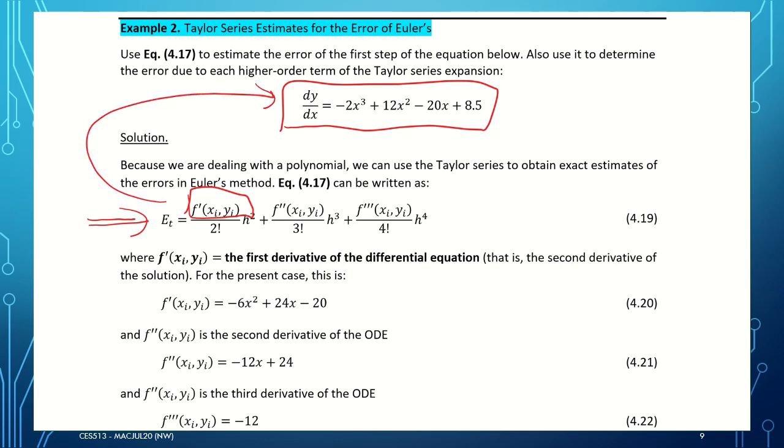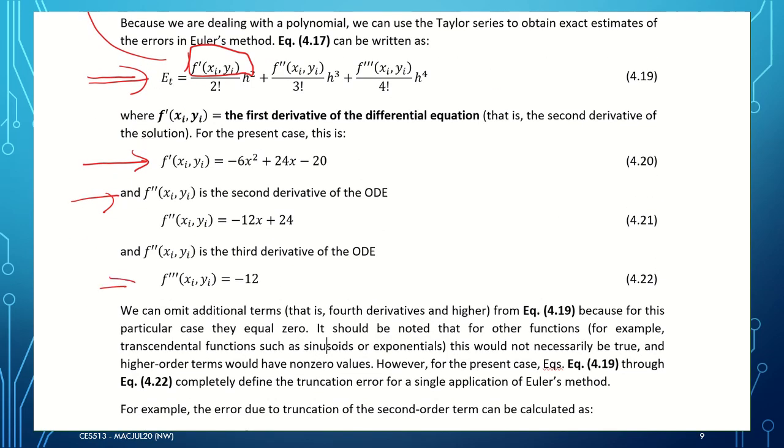So we get the first derivative equal to negative 6x squared plus 24x minus 20, the second derivative equal to negative 12x plus 24, and the third derivative equal to negative 12. We can omit the additional terms after this, the fourth derivative and higher, from equation 4.19, because in this particular case of the polynomial function, they are equal to 0.